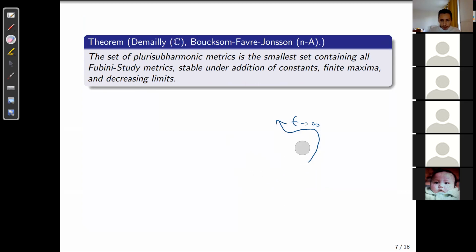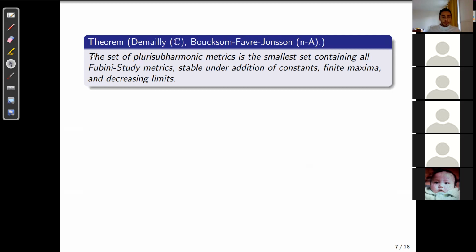And so there is a very nice characterization of the class of PSH metrics, originally from Demailly in the complex case, and from Boucksom-Favre-Jonsson in the non-Archimedean case.